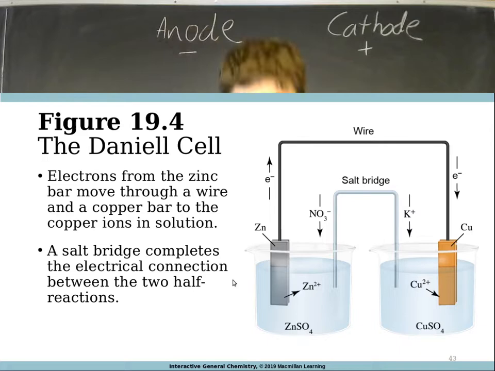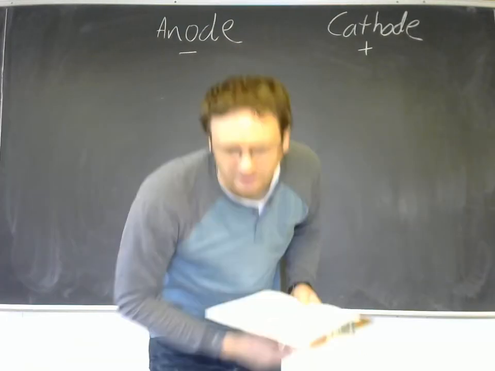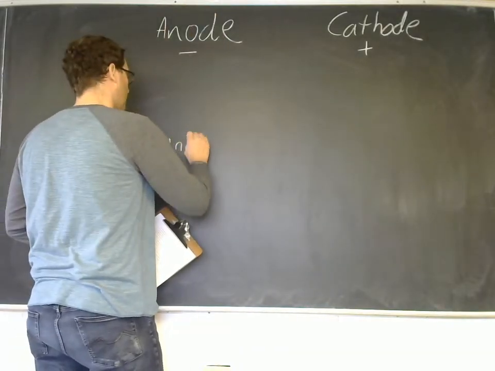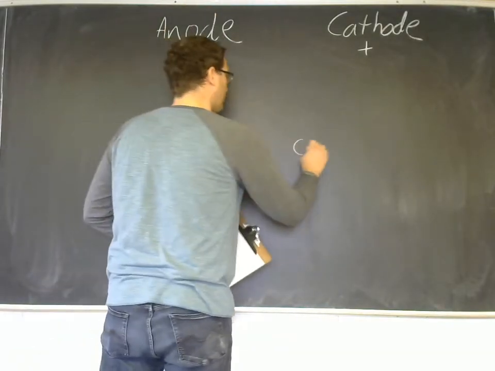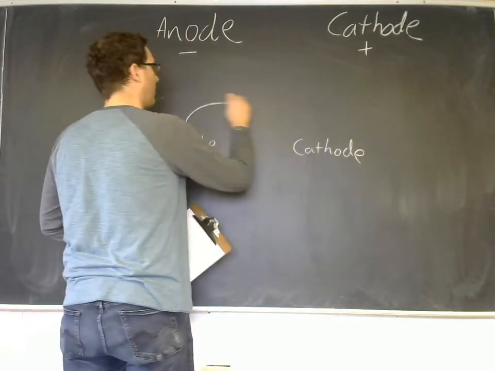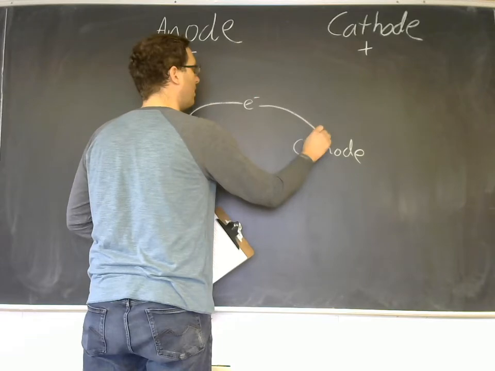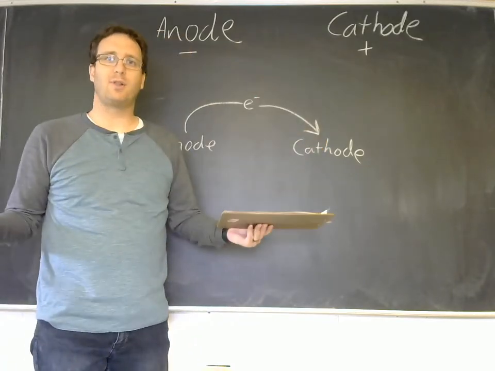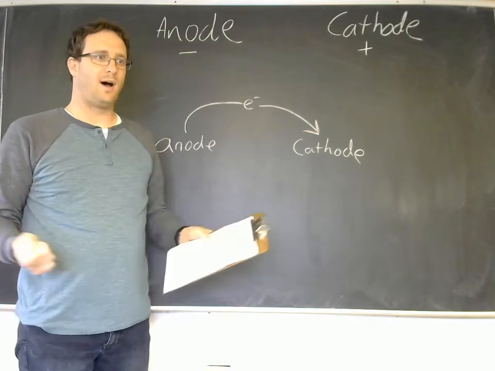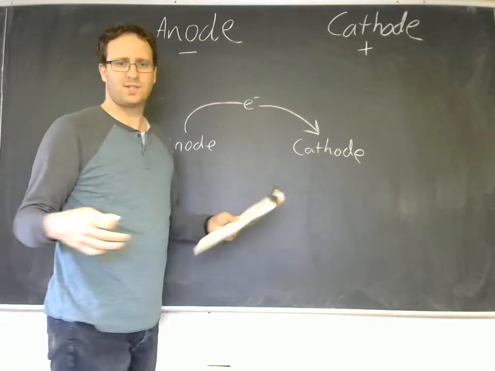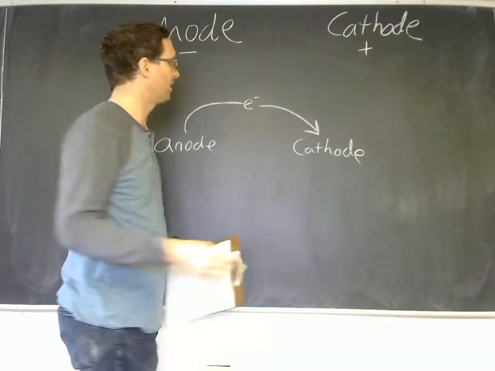Let me turn that off for a minute. Okay, so if I have the anode and the cathode, and there are electrons flowing in this direction, that is not a complete electrical circuit. Electricity cannot flow unless the circuit is complete.